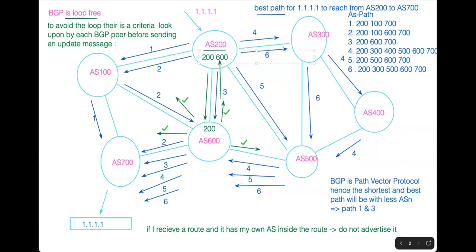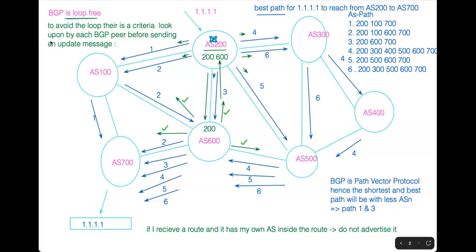So AS200, whenever it is advertising, be it the first path, second path, third path, fourth path, fifth path, or the sixth path, it always says, I am the originator.